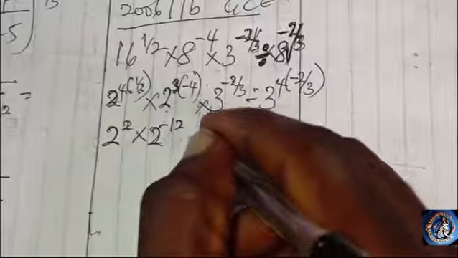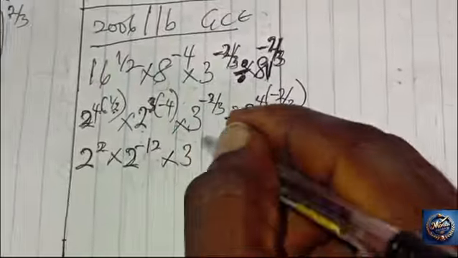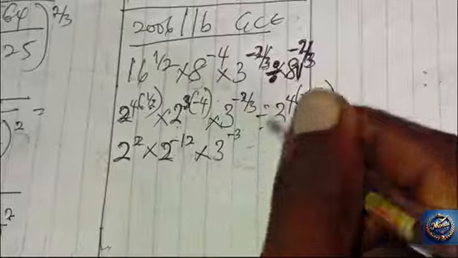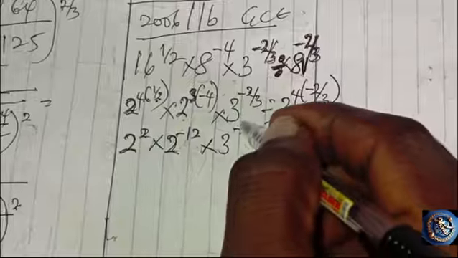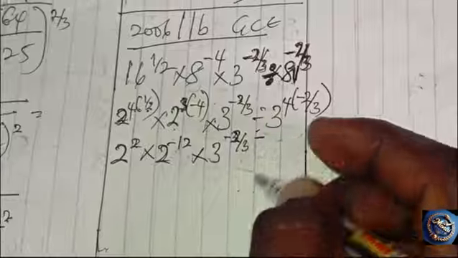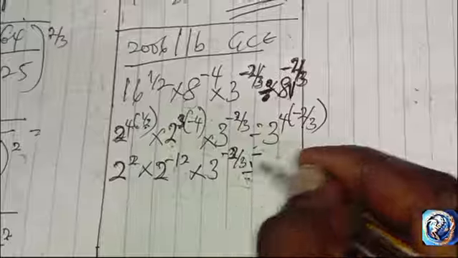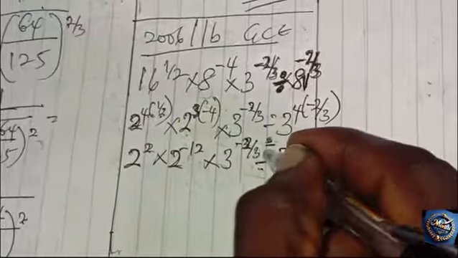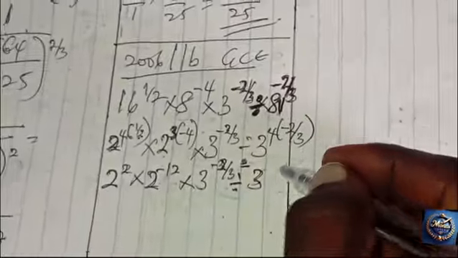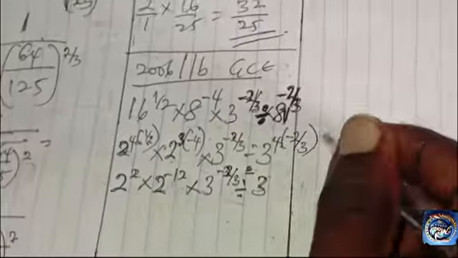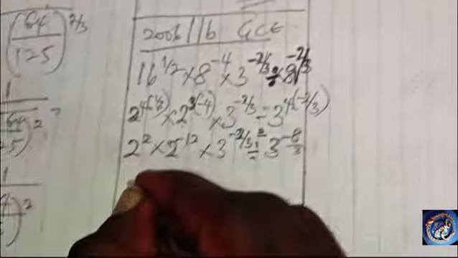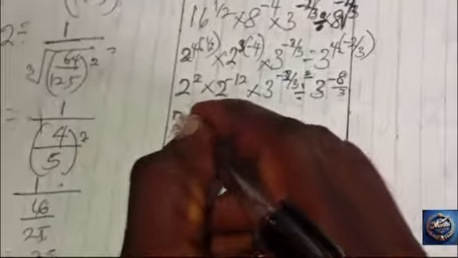Then times 3 raised to power minus 2 over 3, divided by 3 raised to power, this one we deal with it. That will be minus 8 over 3, this 4 times minus 2 over 3. That will give me minus 8 all over 3. Then I come here. This one will now become 2 raised to power 2.